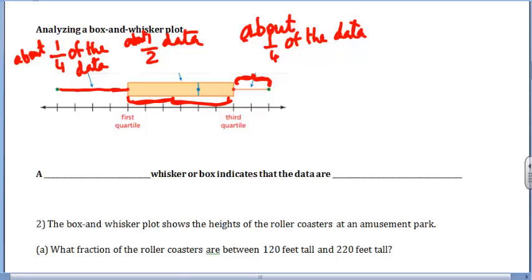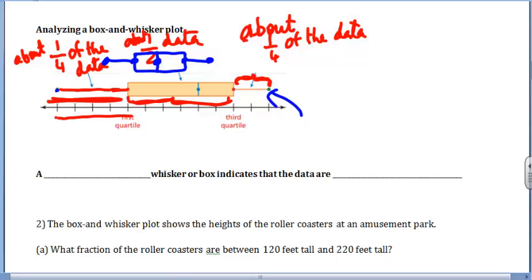Now, one thing you need to know is that the longer this whisker, the more spread out it is. So look at the number line. The longer it is spread out on the number line, the more the data is also spread out. Same case with the box. So if you had a box like this on a number line, and you had another box here, this box underneath it is more spread out just because of the way the data is spread out.